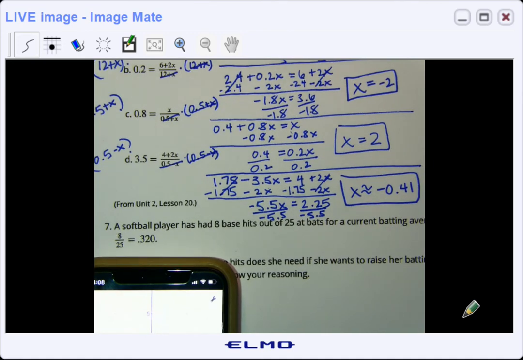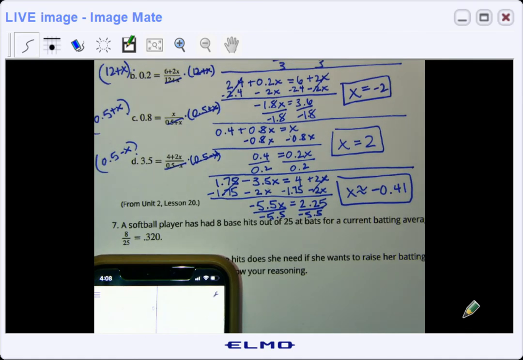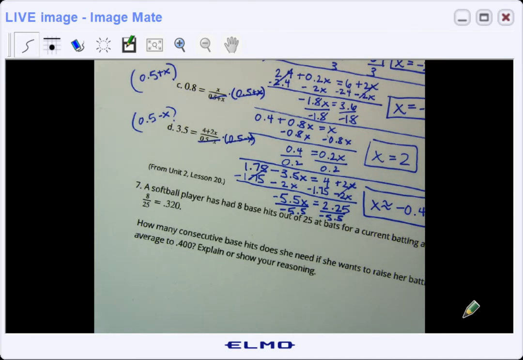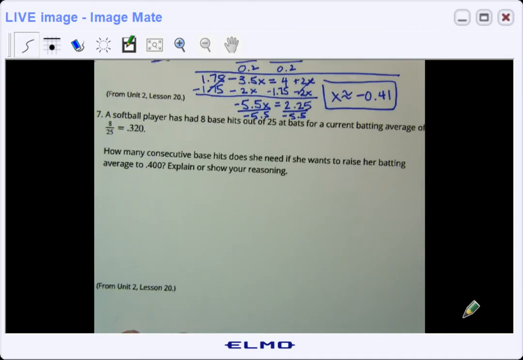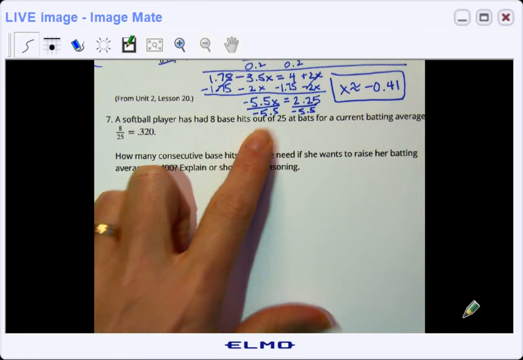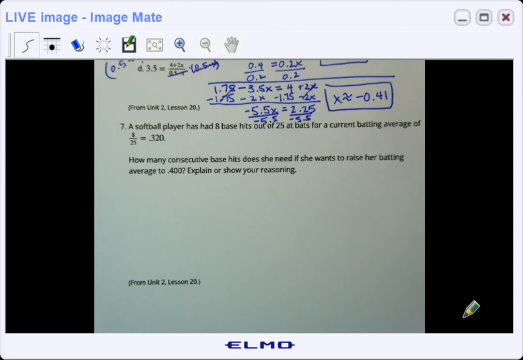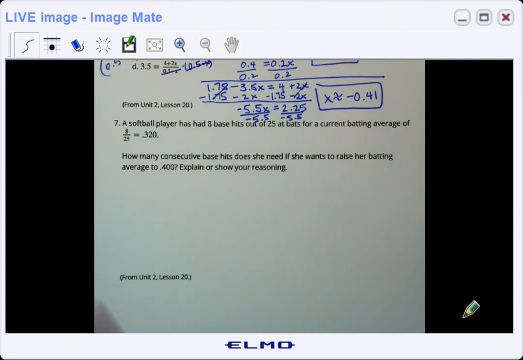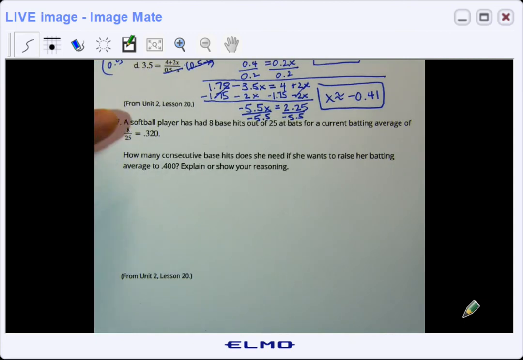Okay, so let's finish up here. We've got one more problem to do, and it's one of those batting average problems, okay? So number 7, a softball player has had 8 base hits out of 25 for a current batting average of 8 divided by 25.